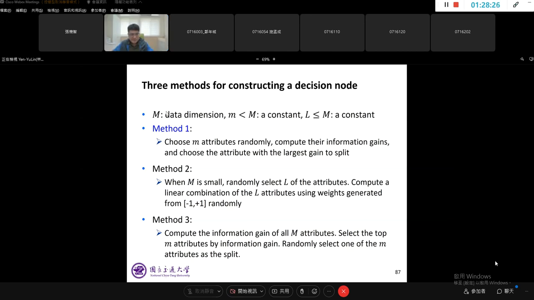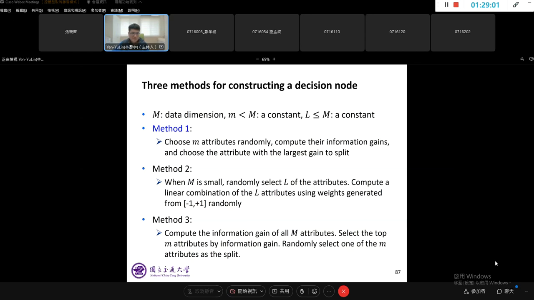Since capital M is the data dimension, we choose m attributes randomly from the capital M dimensions, and compute their information gain. Finally, we choose the attribute with the largest information gain to split the data set. This is one of the widely used strategies to construct random forest.